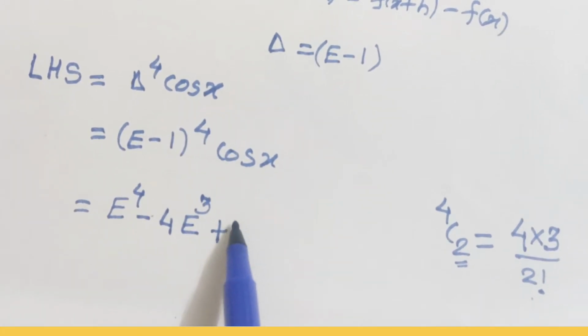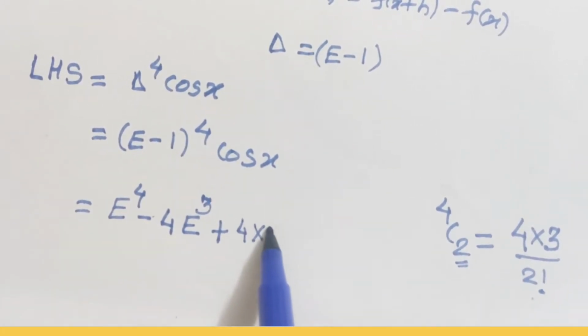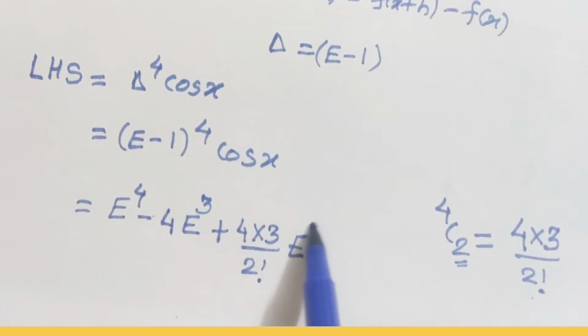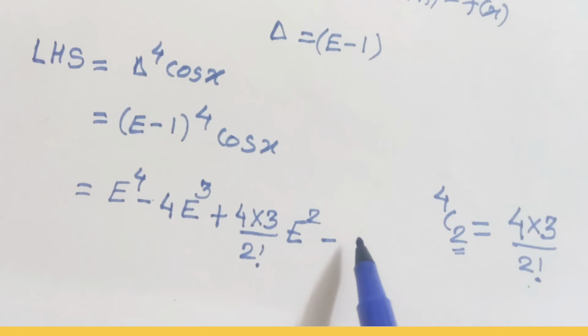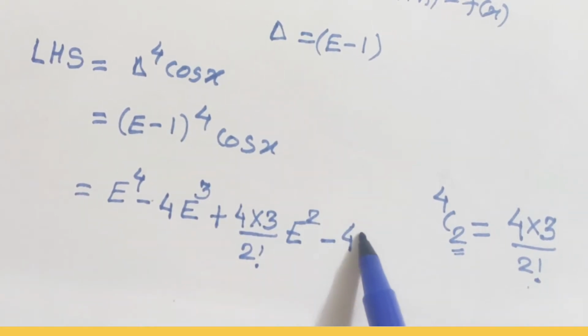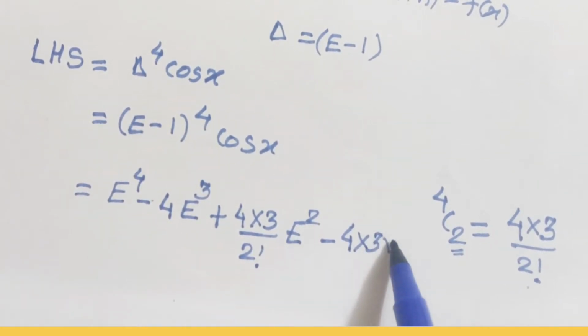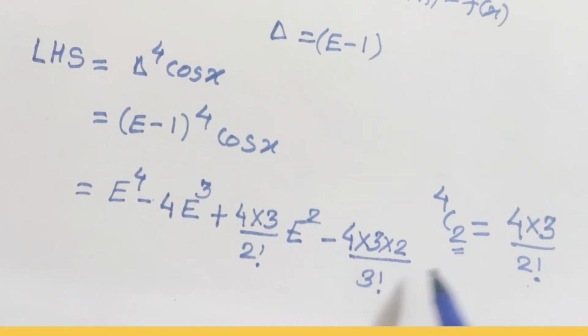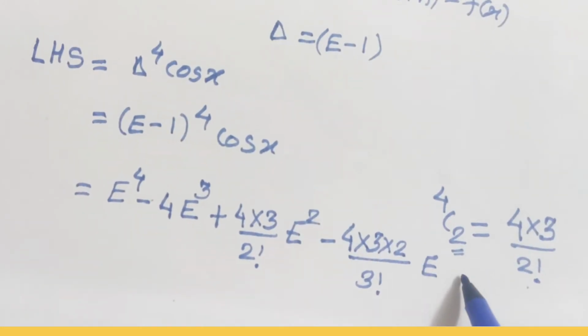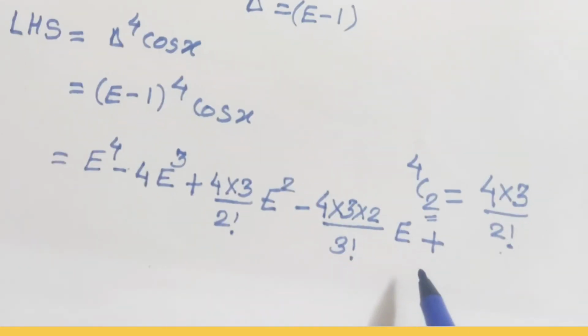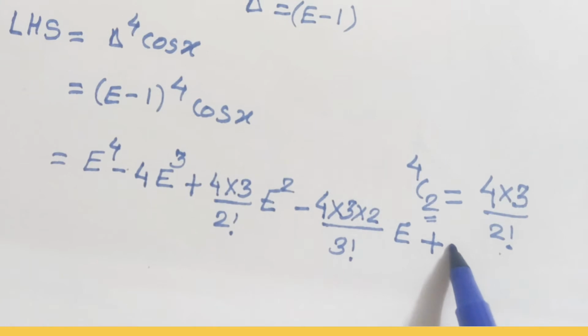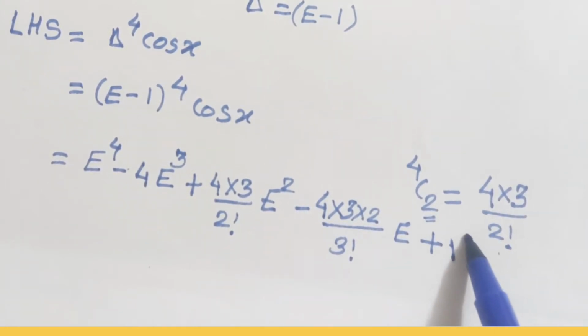So the next term is 4c2 into e square, then minus 4c3. 4c3 will be 4 into 3 into 2 divided by 3 factorial into e. Then the next term will be plus 4c4. 4c4 is 1, and reducing the power of e again, it is 1.